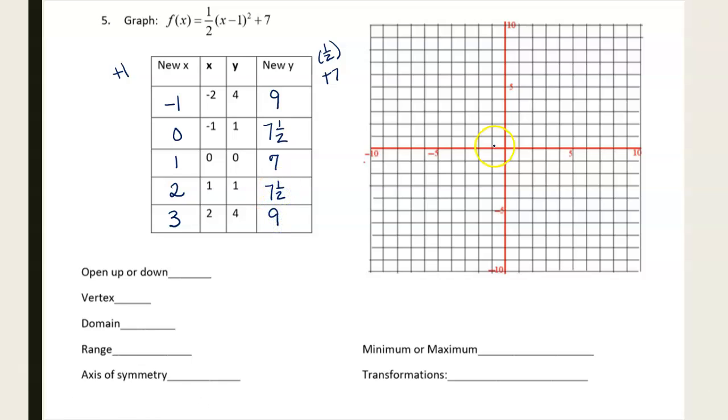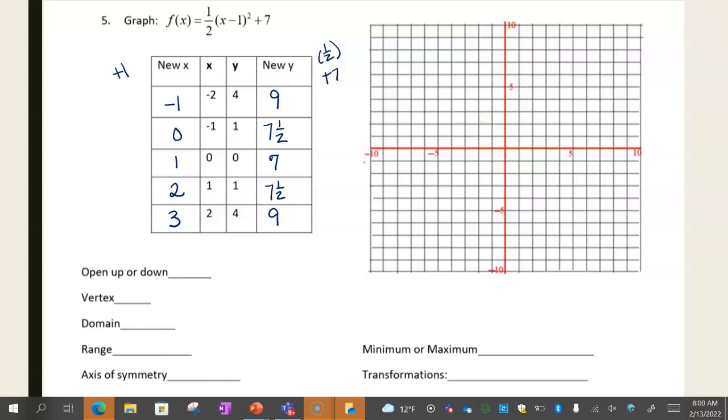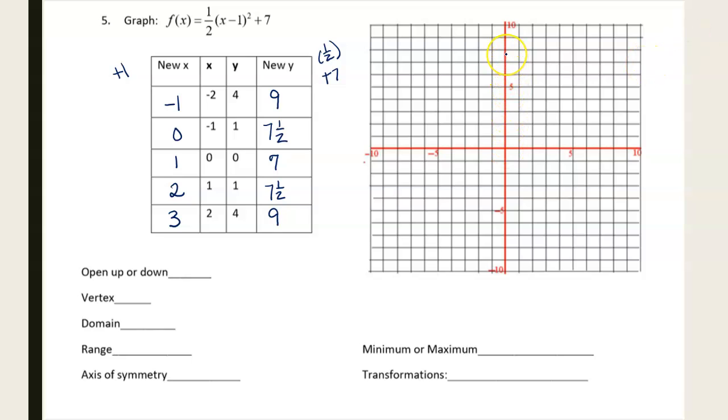All right, let's graph. Negative 1, 9, which is up here, and I'm not going to be able to draw. Now I have 0, 7.5. Wait, 0, 7.5. Let me erase that.